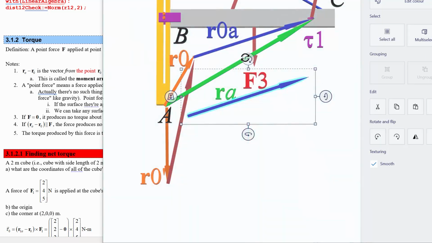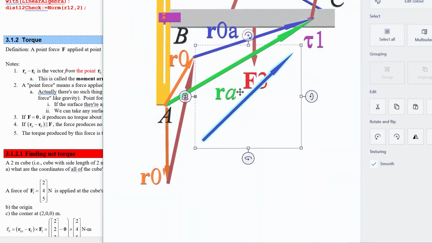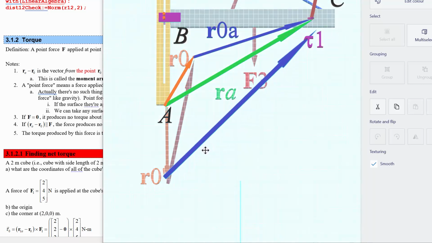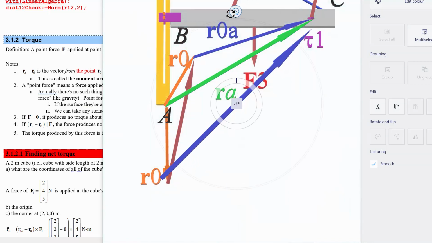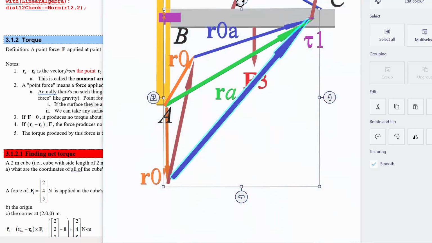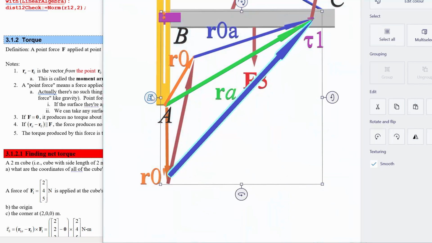The new R naught A looks like it'll be something like this. Oh, let's see. That looks pretty good. I wonder if we're at the right depth.